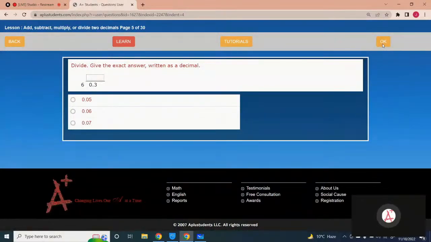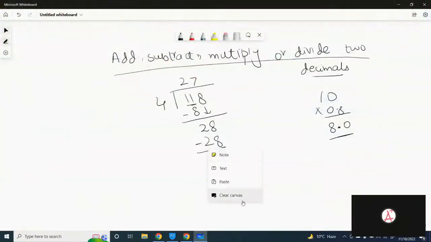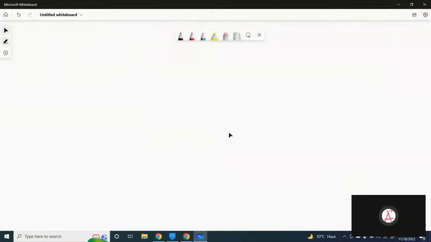Okay, you have to divide 0.3 by 6. So it would be 0.3. Okay, you cannot divide 0.3 by 6, but you already have a decimal point. You can put a 0 over here and a 0 over here. Got it? Because you added a 0. So it would be 6 times 5 makes 30. So it would be 0.05. Got it?